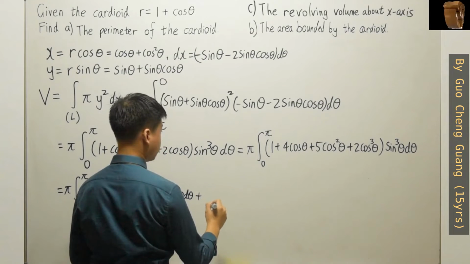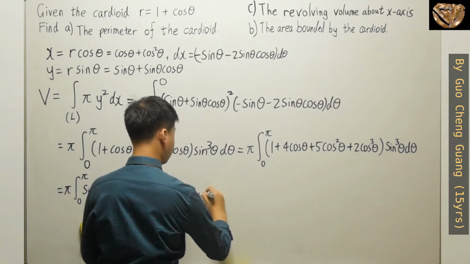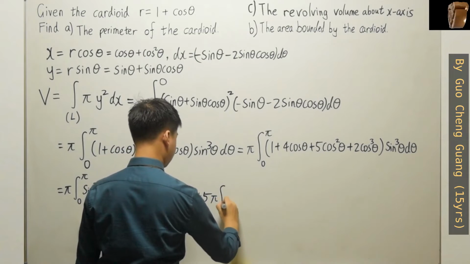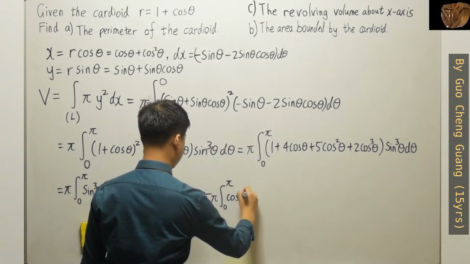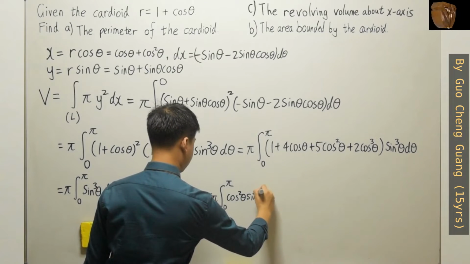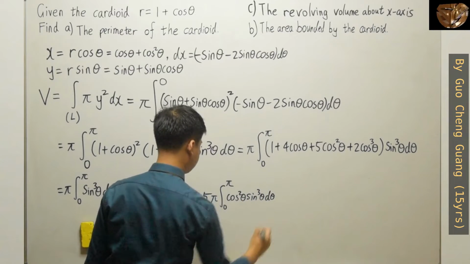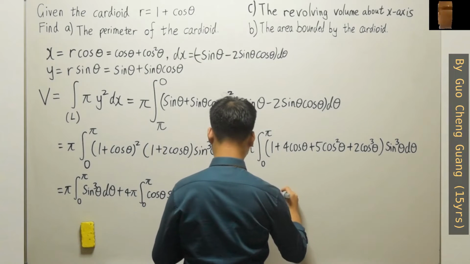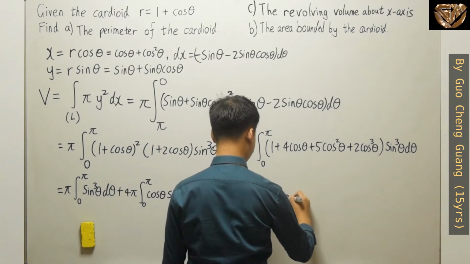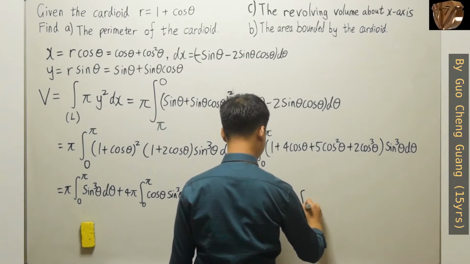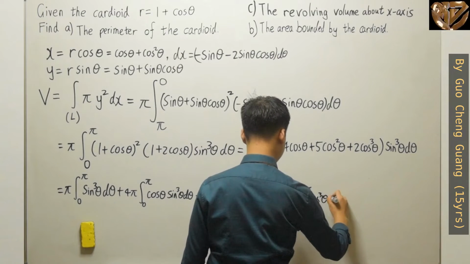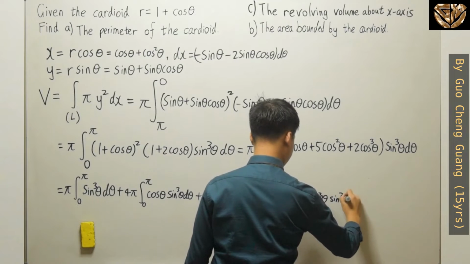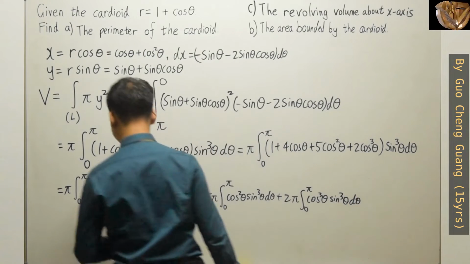Then for your third term, 5 pi, then cosine square theta sine cube theta d theta. And of course, last but not least, 2 pi cosine cube theta sine cube theta d theta.